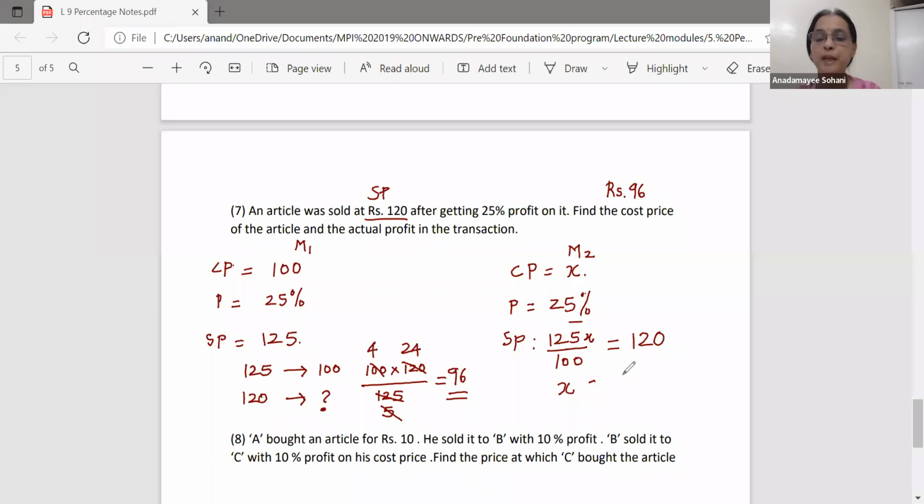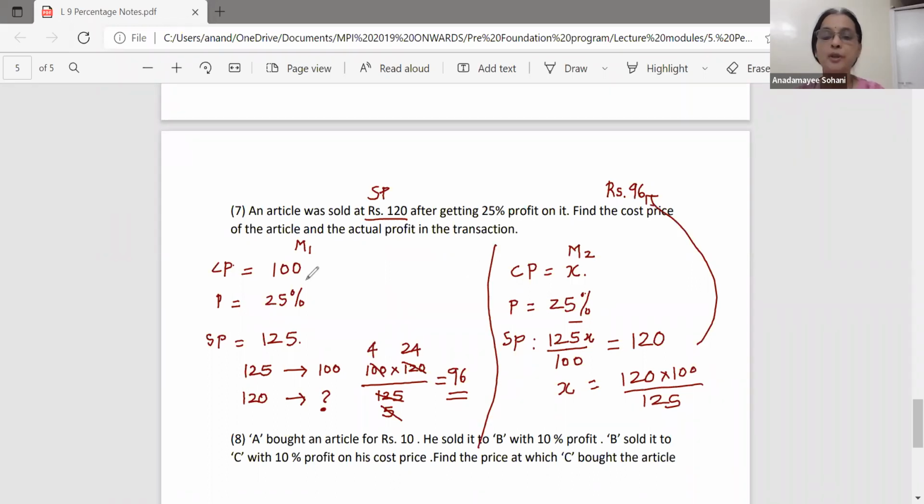I will land on the same equation, 120 into 100 upon 125, which is 96. So if the cost price is not given, I can take it as 100 or x, but never calculate on the sale price, your answer will come wrong.